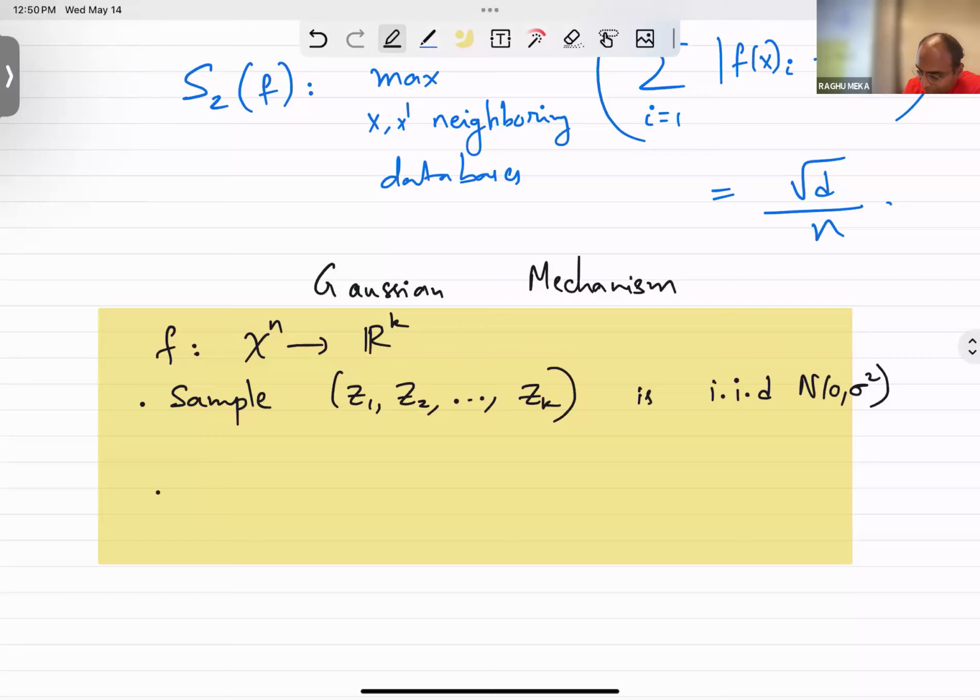So for some variance sigma, you sample independent Gaussians Z1 through Zk and just output f of x plus z.